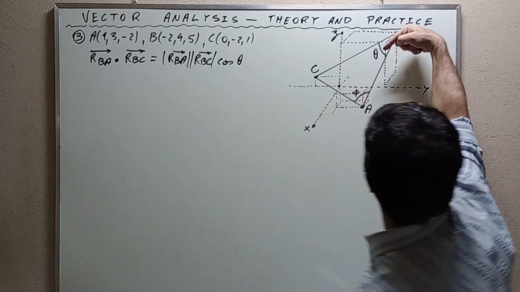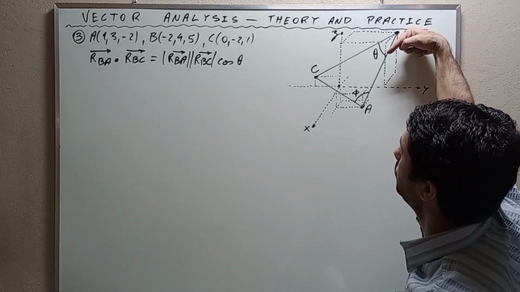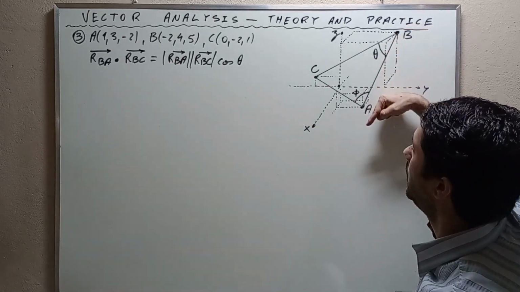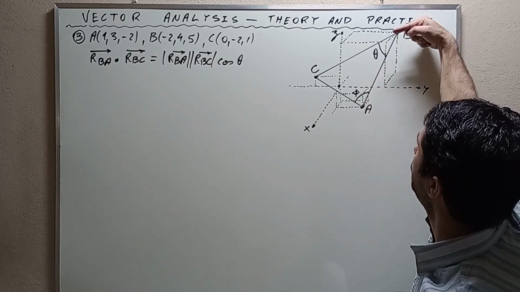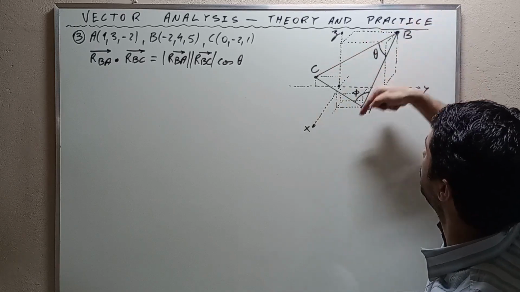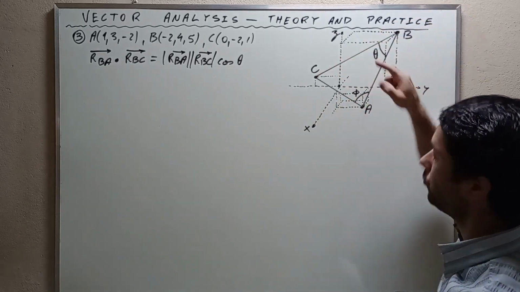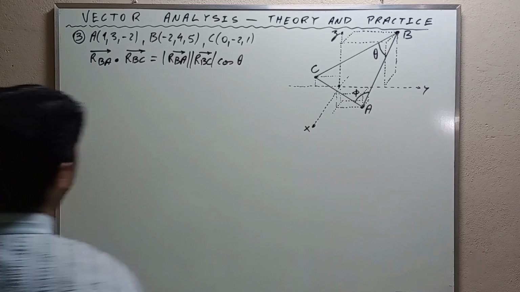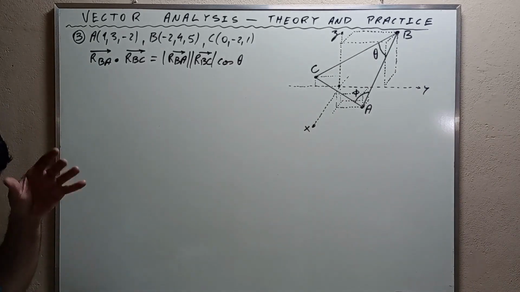RBA points from B to A. RBC points from B to C. And the angle between these two vectors is theta, alright?